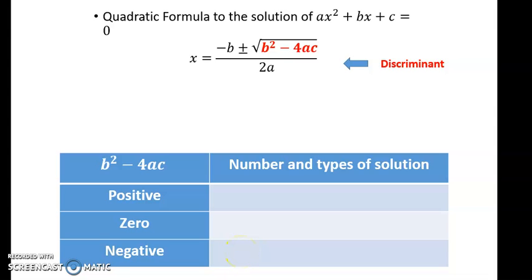You can either tell me that you are going to have 0 real solutions, or you can tell me that you're going to have 2 imaginary solutions. And it's up to you how you want to label that. So positive is 2 real solutions. Zero is 1 real solution. And then negative is going to be either 0 real solutions or 2 imaginary solutions.